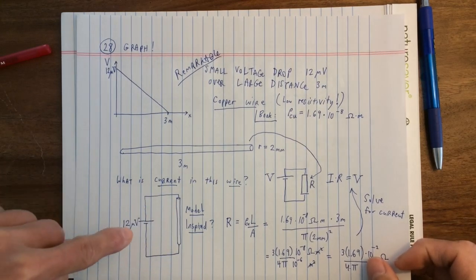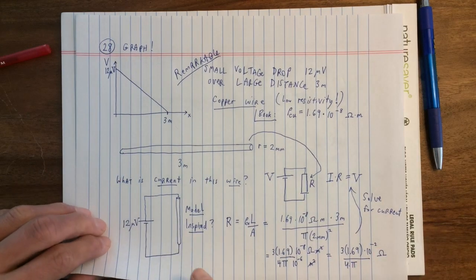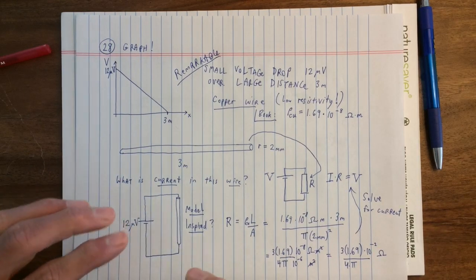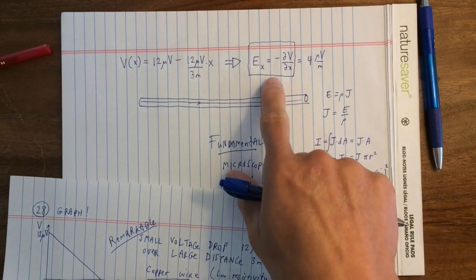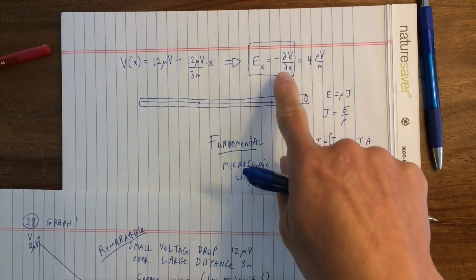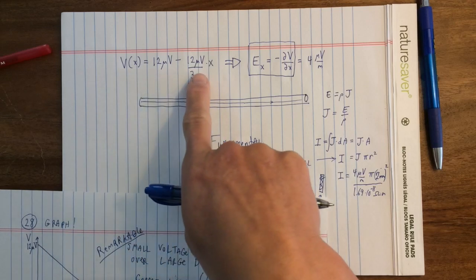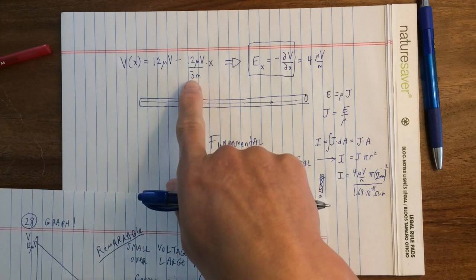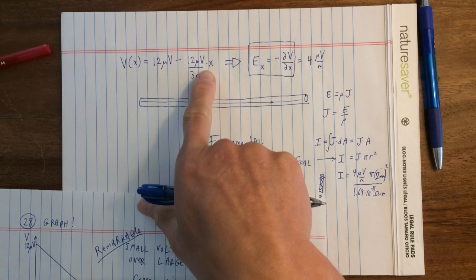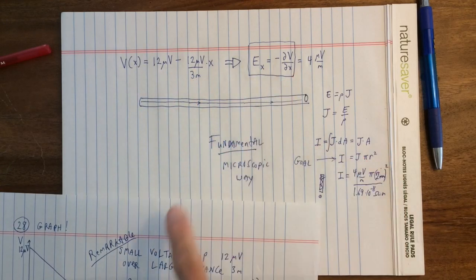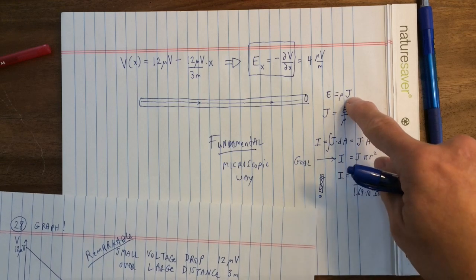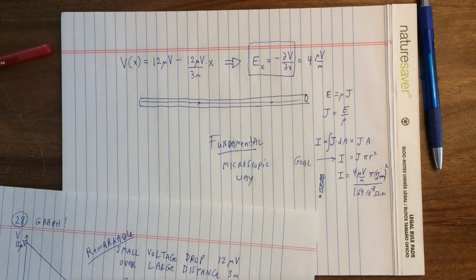This is also correct, but it was a little bit of a leap of faith, honestly, at least for where you're at in your chapter. But this right here, I didn't take any leap of faith. I looked at the graph. The graph's a straight line with a downward slope. So I made a straight line with a downward slope with y equals mx plus b. I can get the electric field. The electric field is related to the current density, right? And the rest of it falls out.